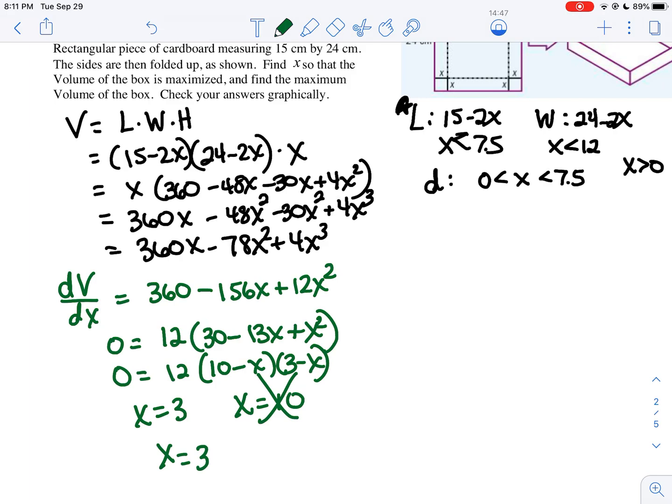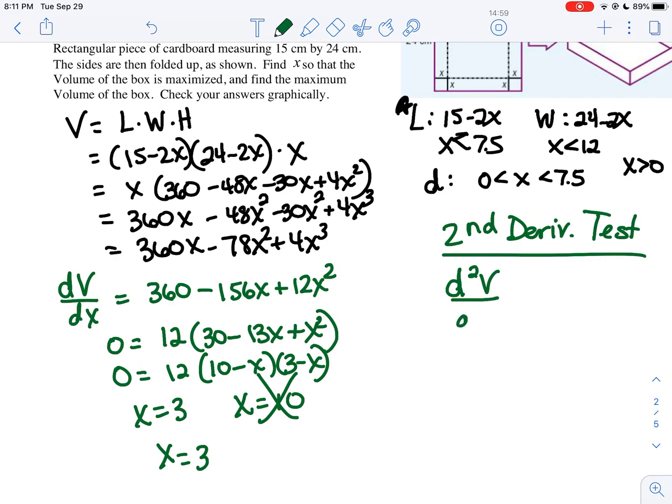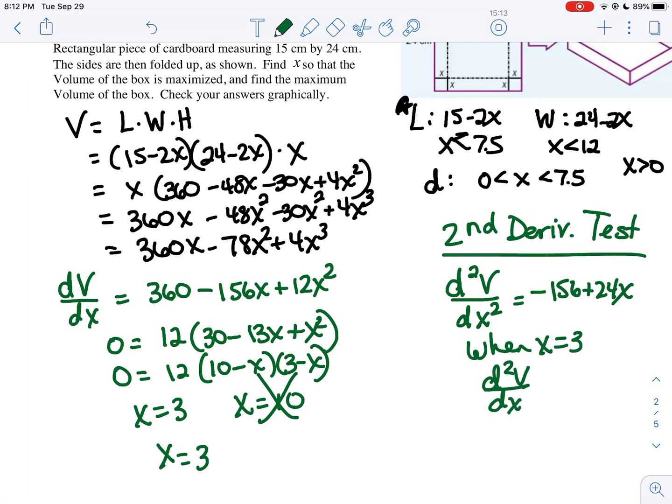Now watch this. I'm going to use the second derivative test, just for practice, okay? So if I do the second derivative, that would be negative 156 plus 24x. When x is 3, if I plug in 3, I got negative 84, which is negative.